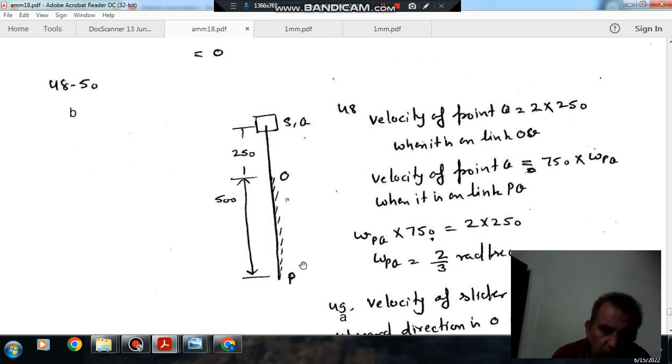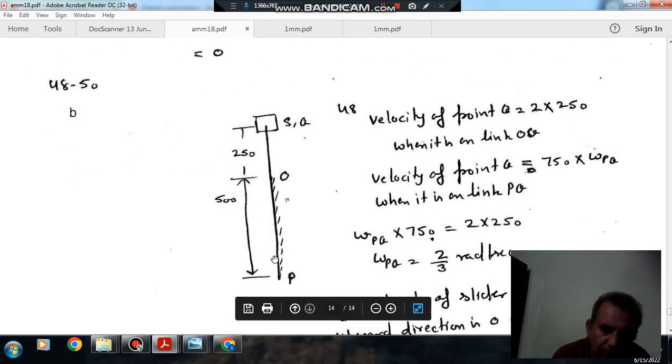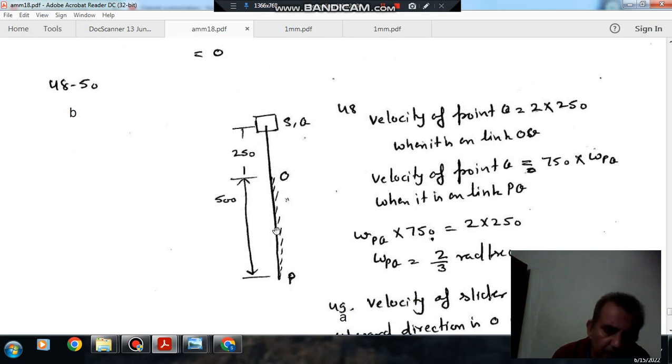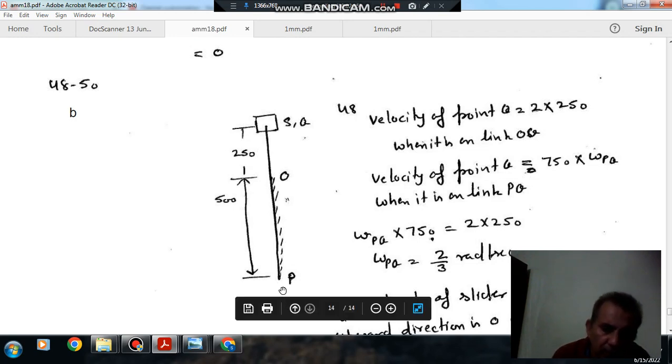Okay, so the velocity of point Q can also be determined when we consider it on link PQ. Initially we considered it on link OQ, now we consider it on link PQ. Velocity will be the angular velocity of link PQ times the distance of this point from the center of rotation, that is point P, which is 250 plus 500, that is 750.